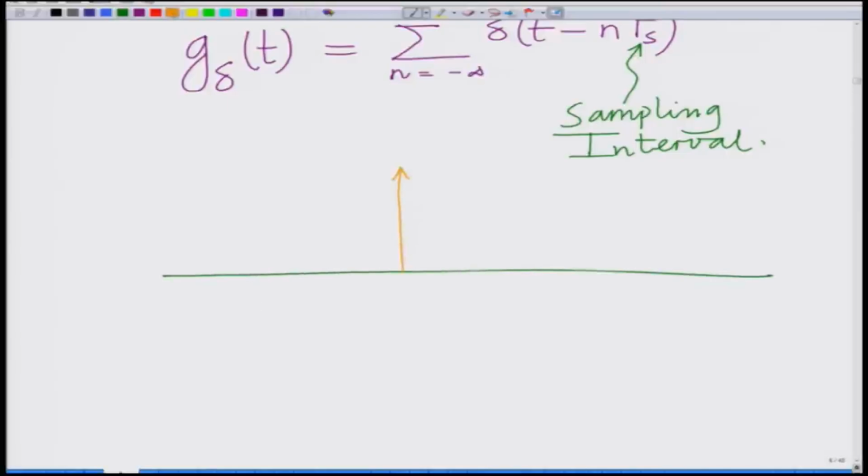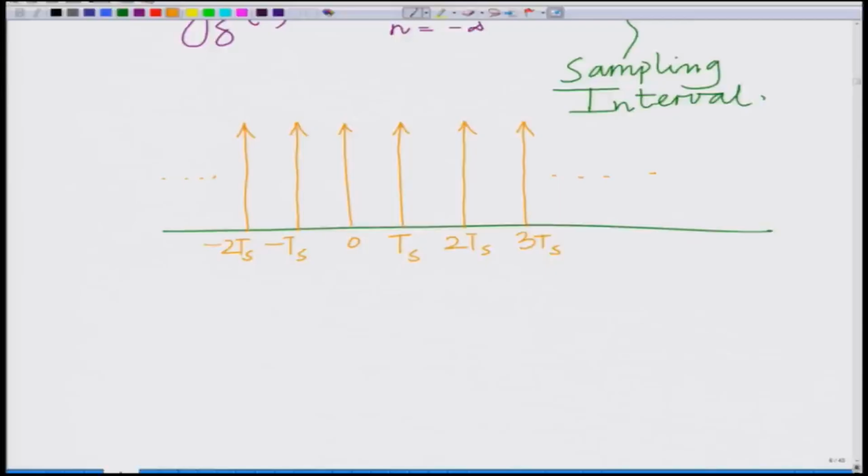So, we have an impulse at Ts, at 2 Ts, at 3 Ts and so on, and of course, we have an impulse at 0, at minus Ts, minus 2 Ts, etc. Now what we want to do is find the spectrum G_delta(f), which is the spectrum of g_delta(t).